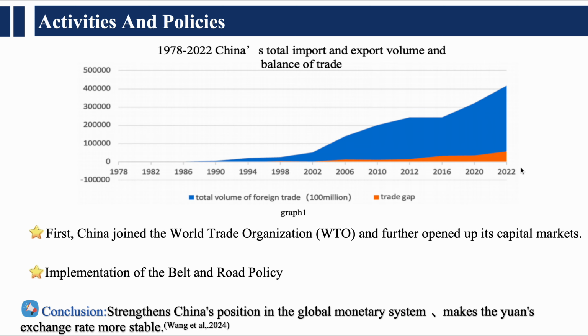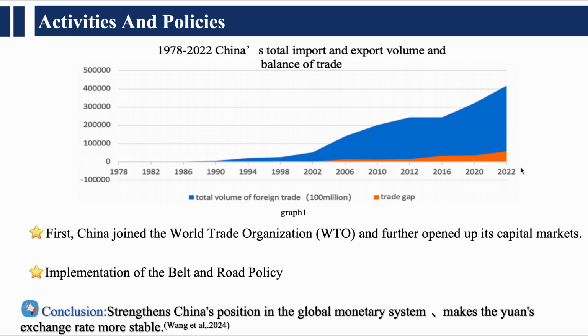China has undertaken several key activities and policies to integrate into the global economy. First, China joined the WTO and opened its capital market further. This attracted significant foreign investment and boosted trade, as shown in the graph illustrating total foreign trade volume from 1978 to 2022.